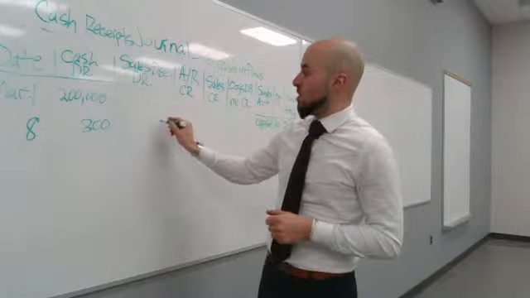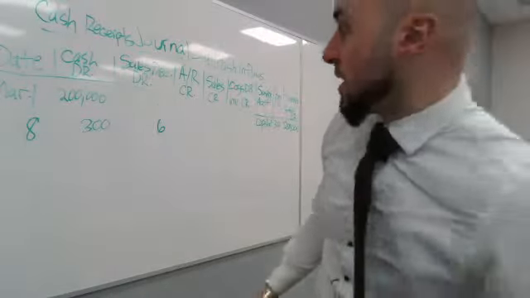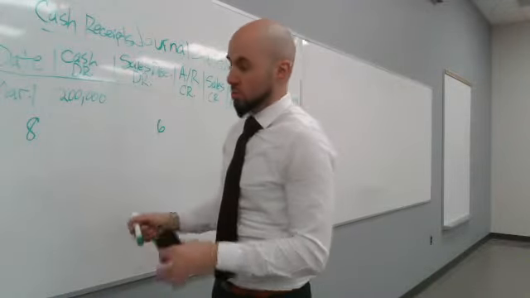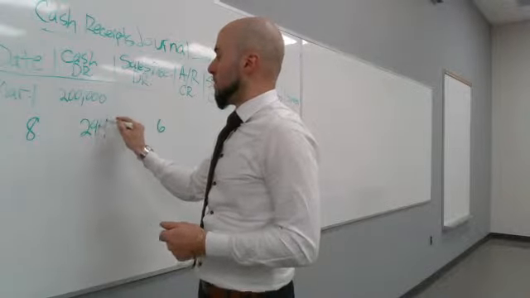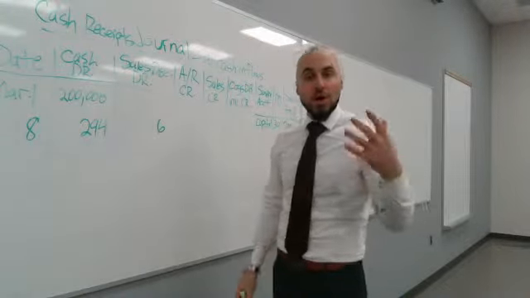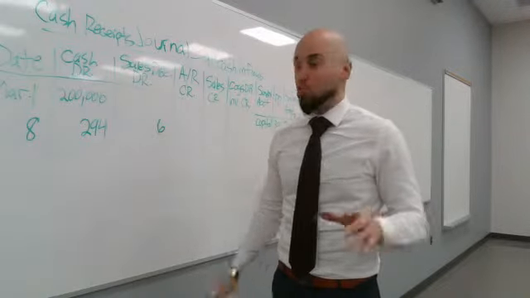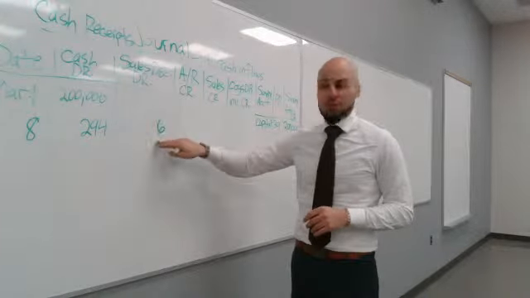So sales discount will be 6, and that means we're going to have to change the cash amount to $294. Because if we gave a discount, that means we're actually and factually receiving 294 in cash. Sales discount has to be debited for 6.